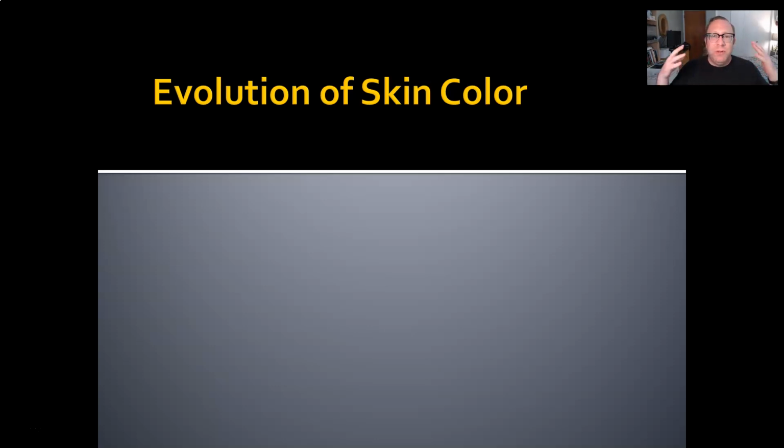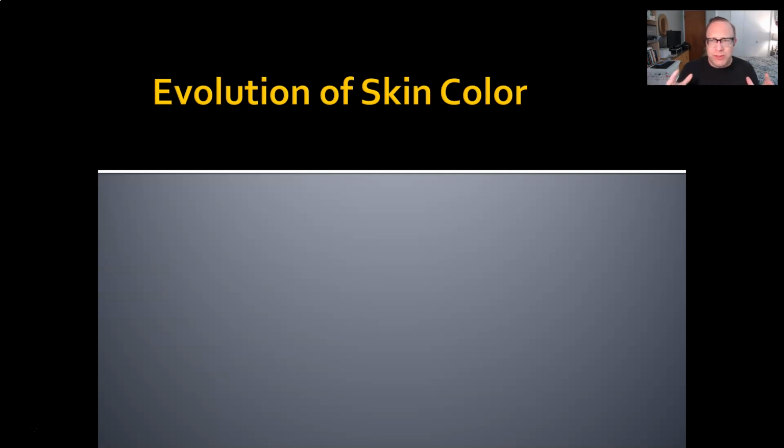It's one of the most visible traits in human beings, or at least one of the traits that most human beings notice. And it's also probably the most misunderstood by a lot of us. So how did different skin colors come to be?